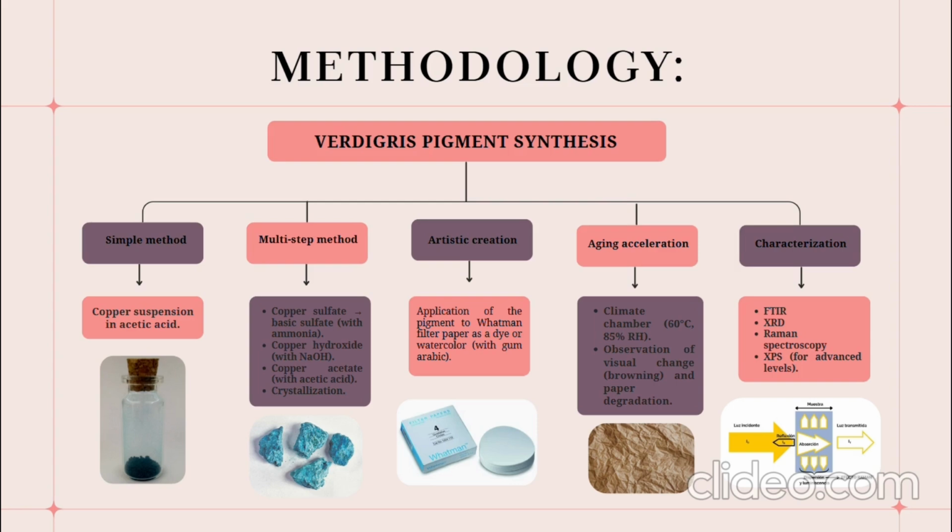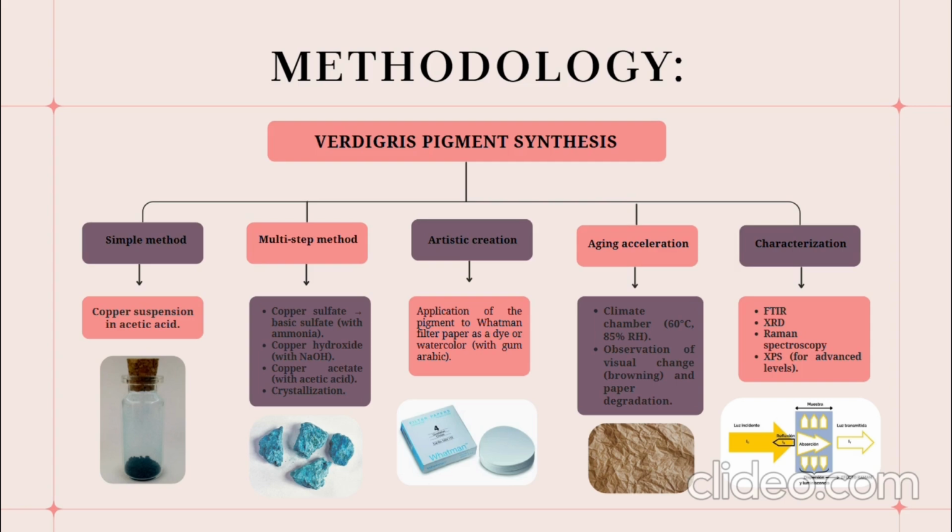The works were placed in a climate chamber at 60 degrees Celsius and 85% relative humidity for several days. This simulated the natural degradation that historical documents undergo.